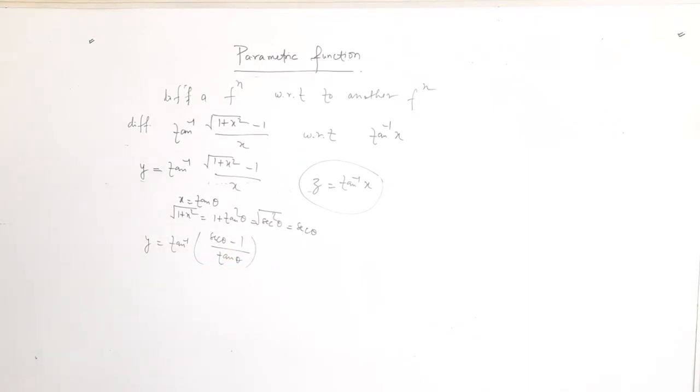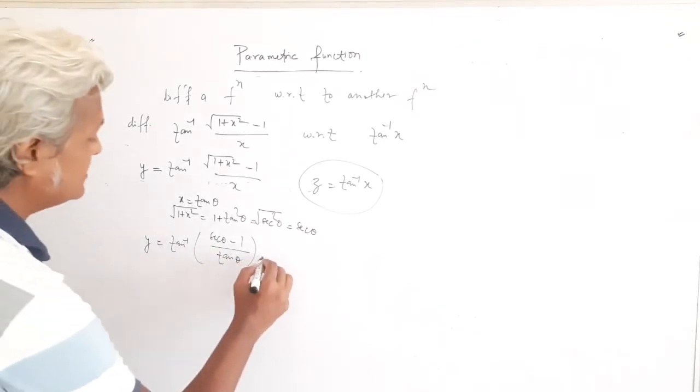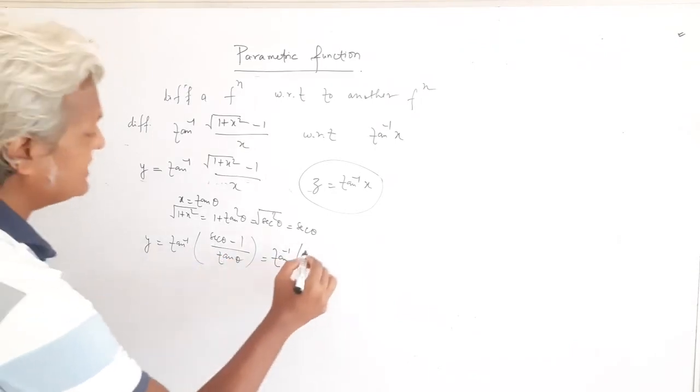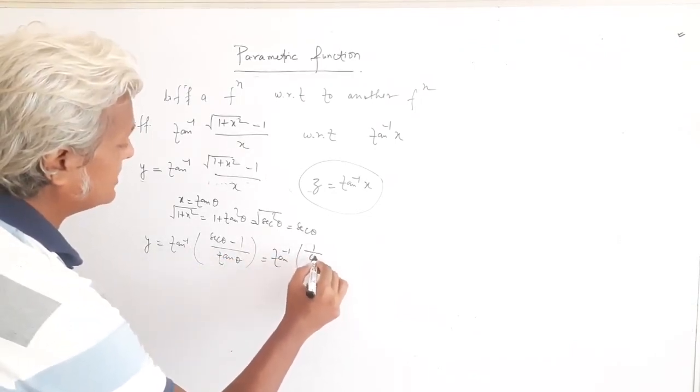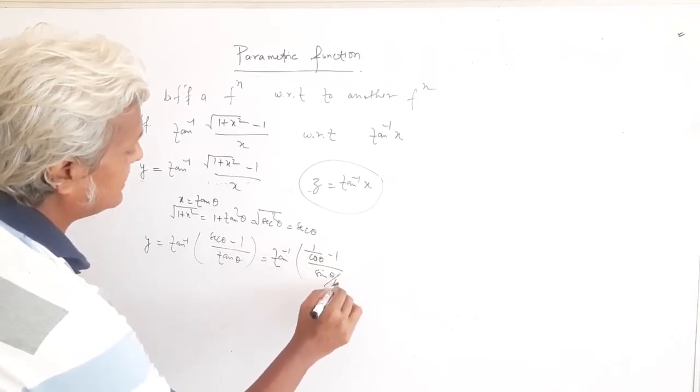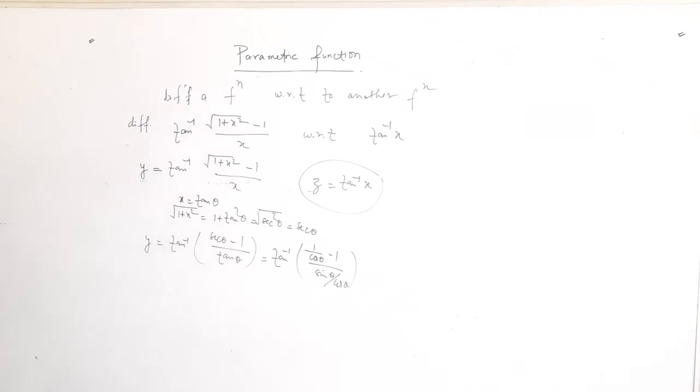The answer is yes. How? If I use this method, sec theta is 1 upon cos theta, minus 1, over sin theta upon cos theta.